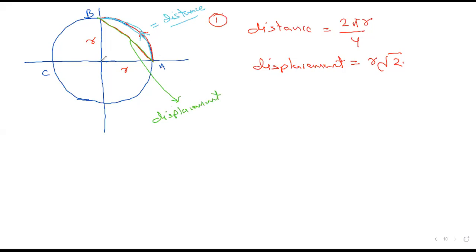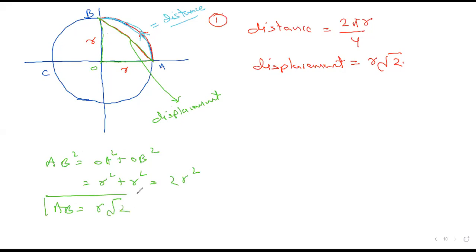If you see, this is a right angle triangle. AB square equal to OA square plus OB square. This is R square plus R square, which is 2R square. So AB will be R root 2. This is for the first part. Am I clear?